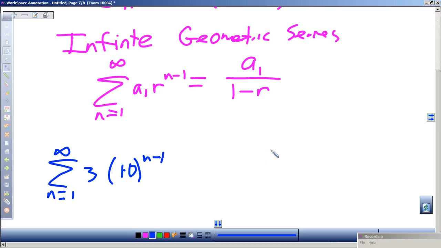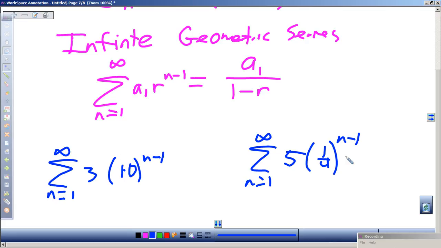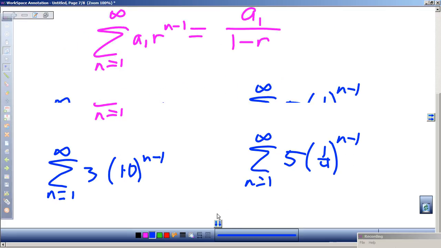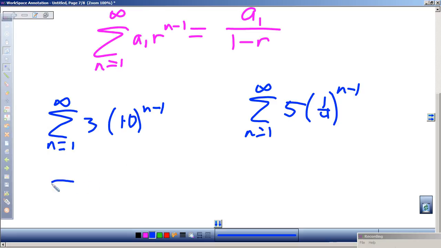Then another one we're going to do: the sum from n equals 1 to infinity of 5 times 1/4 to the n minus 1. Some people can do this one. Okay, Rena, Emily, and Nicholas. So, use the formula, and let's do a couple more.